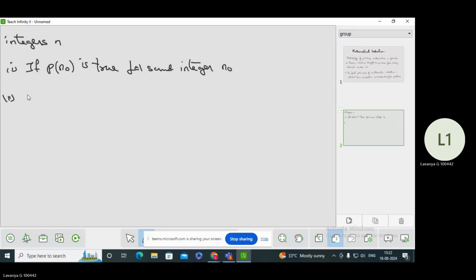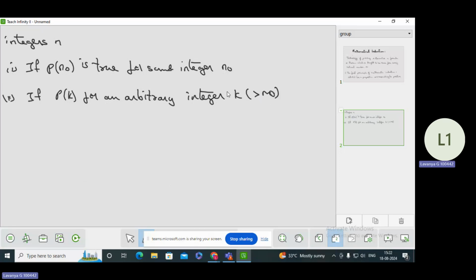and if P of k is true for an arbitrary integer k which is greater than n naught, then we can say that P of k plus 1 is also true.